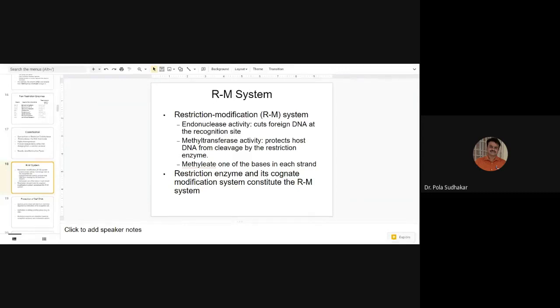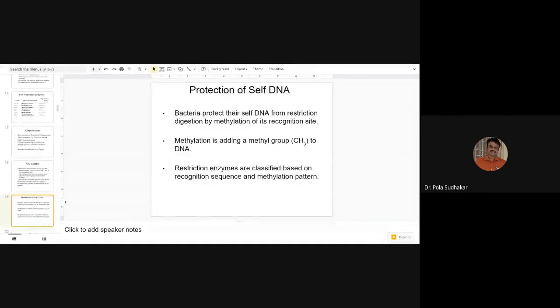A restriction enzyme and its cognate modification system constitute the RM system. Protection of self-DNA: bacteria protect their self-DNA from restriction digestion by methylation of its recognition sites. So methylation is nothing but the addition of a CH3 group to the DNA.